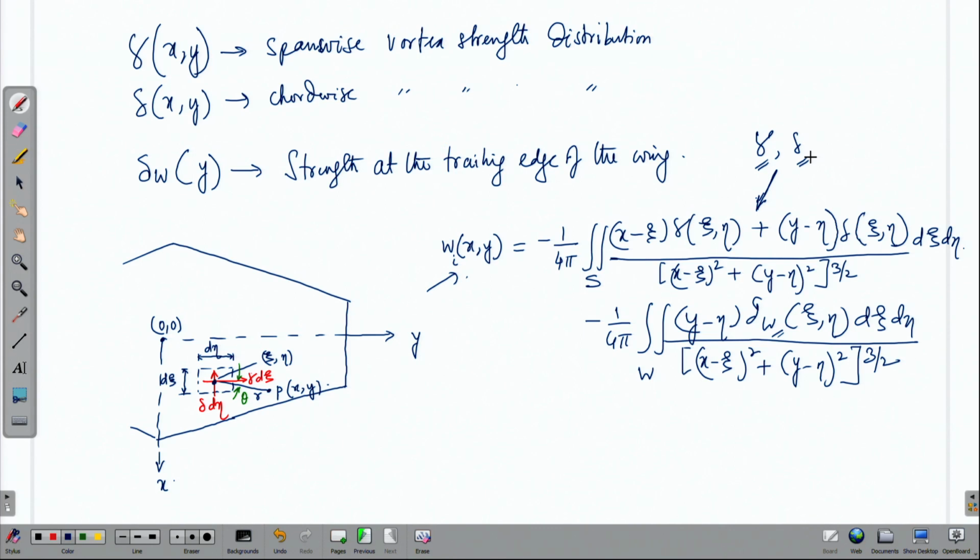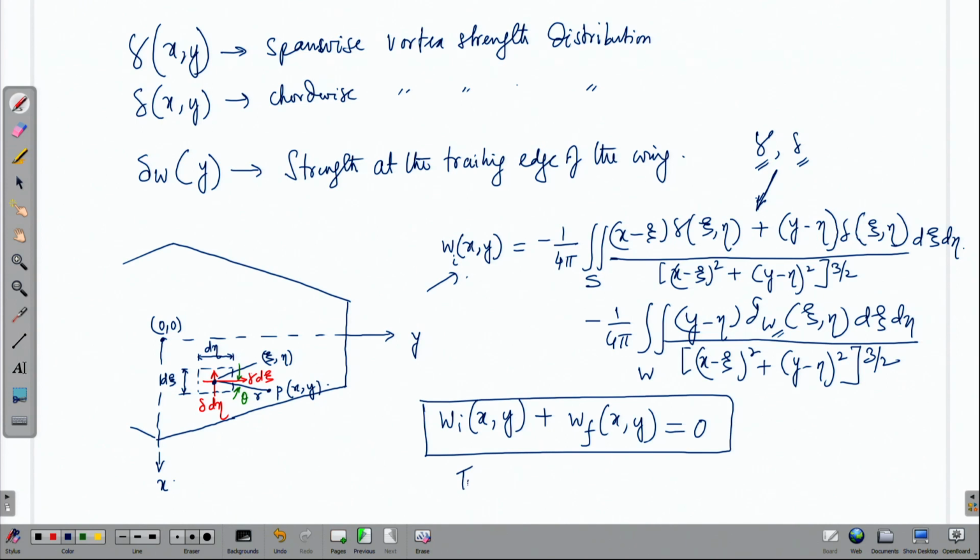That is the induced velocity at that point P, and then what we are trying to say is that with the W coming from the free stream should equate to 0 to make the wing a streamline of the flow.